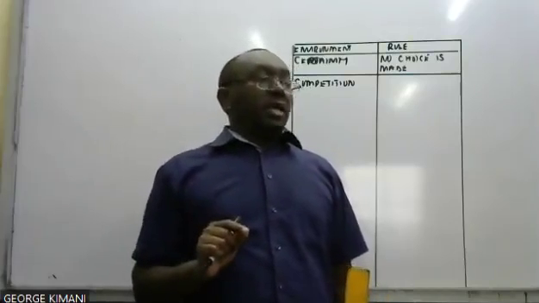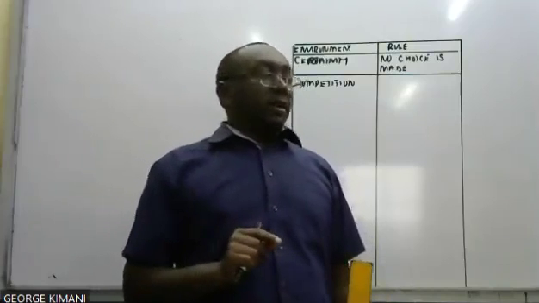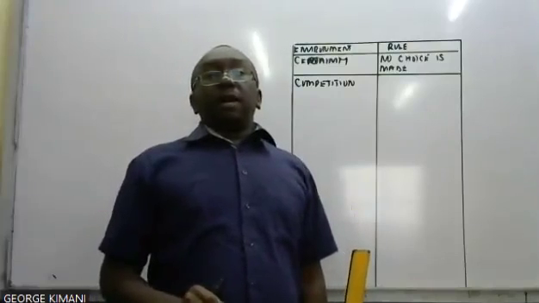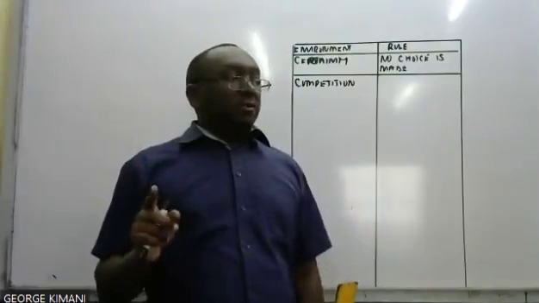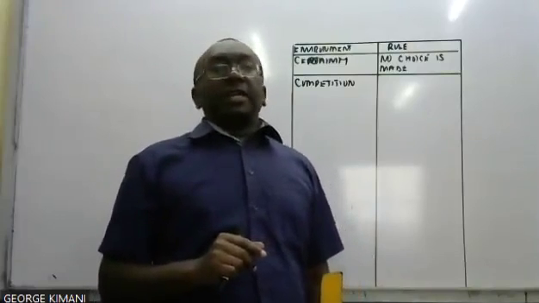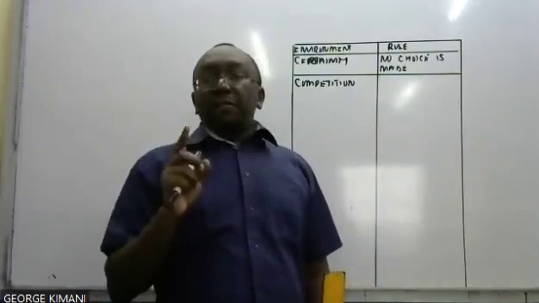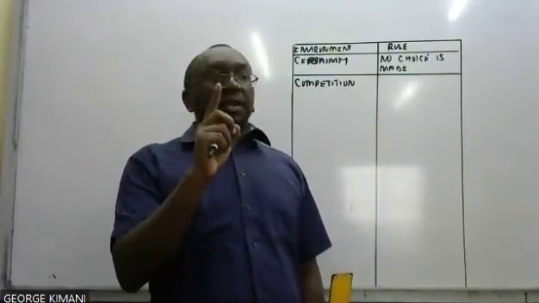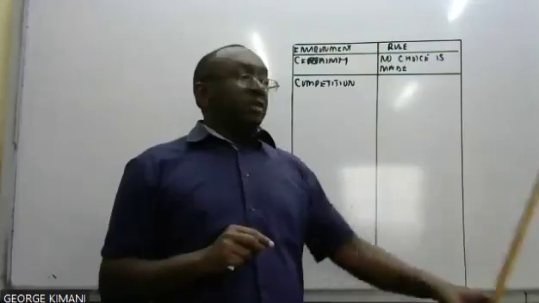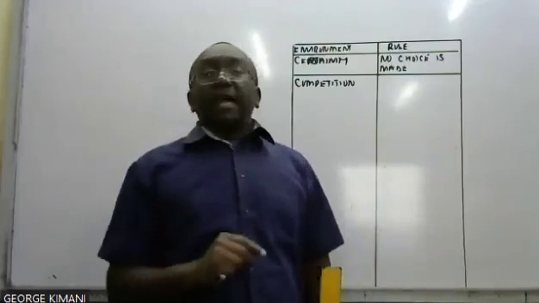A case in point is this presidency that we are witnessing now, this competition. Before the IEBC clearances, I think we had 54 guys. After the clearance, now we have 4 of them. All of them are looking for one position. And that position cannot be divided, where this one takes a little, this one a little, this one a little. It will just be one. The others will go home empty-handed.